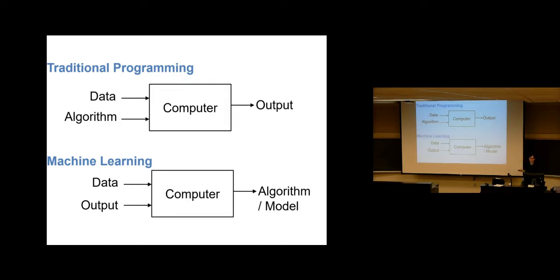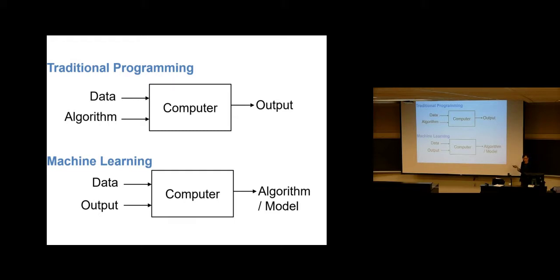But machine learning is a really different paradigm. It uses the data and also the targeted output that you care about, or that a domain expert tells you they care about, and uses some kind of strategy to actually learn the algorithm. The output is the method, the algorithm, and what we normally call a model.